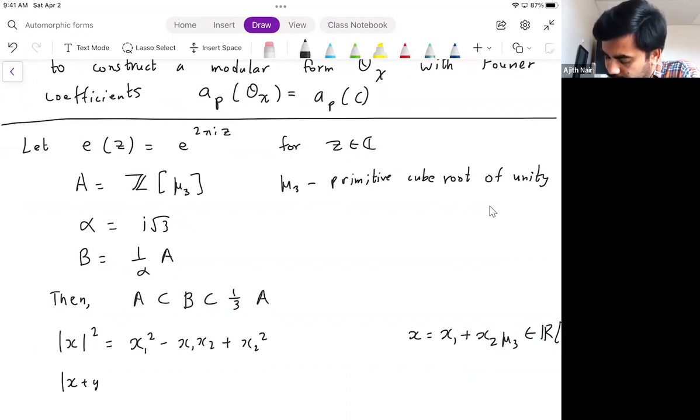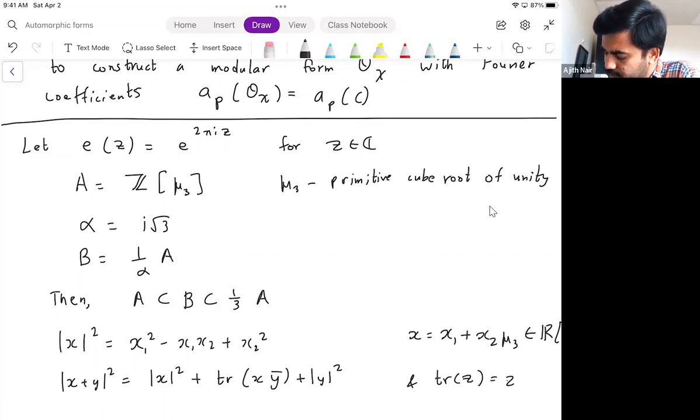We also have that the absolute value x plus y squared is absolute value x squared plus trace of x y bar plus absolute value y squared, and trace of z is nothing but z plus z bar.